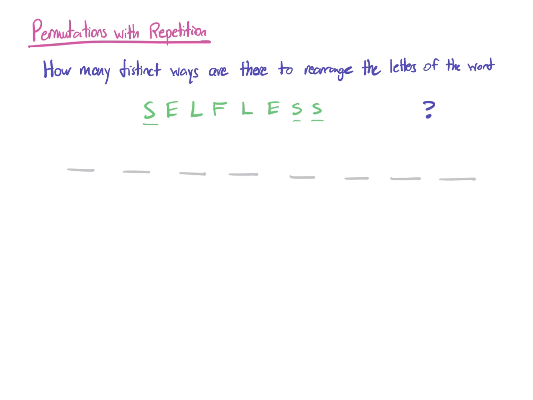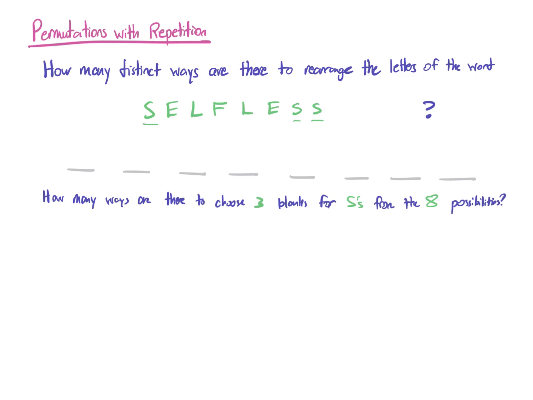Another way to say that is, how many ways are there to choose 3 blanks for S's from the 8 possibilities?